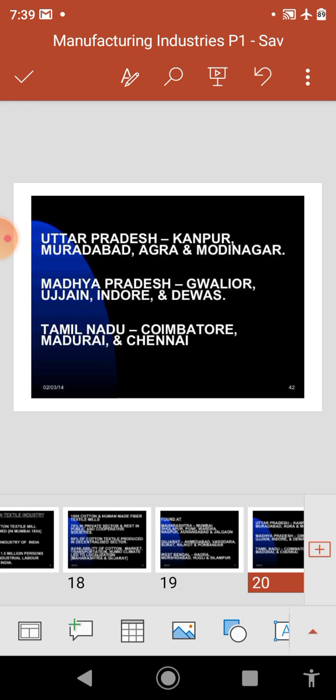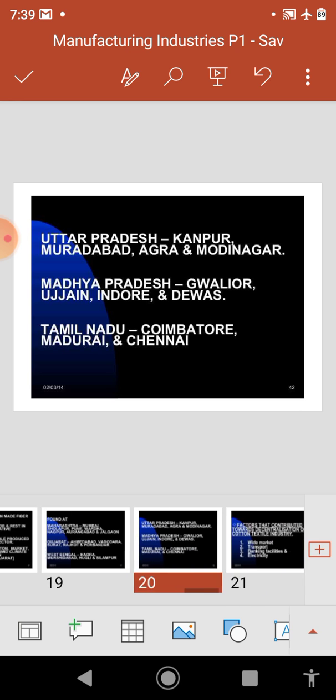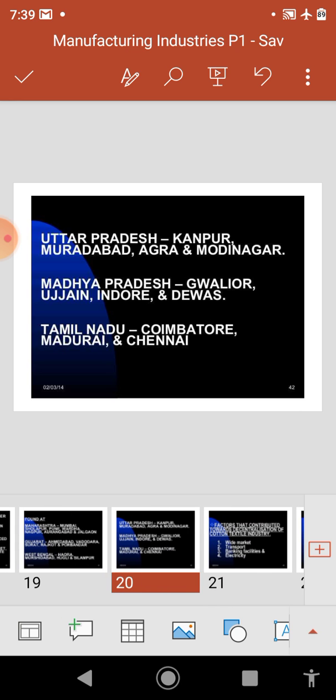Now let us discuss some of the factors due to which most of the cotton textile mills, not only in the beginning, at the present time also, are located or concentrated in the states of Maharashtra and Gujarat. First one is climate.